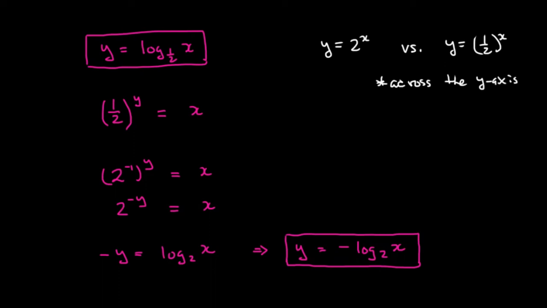So it should make sense that if we switch our bases in logs, we get a reflection as well. But of course, this reflection, in pink here, is going to be across the other axis, since remember, we're switching x and y completely. So these two logs, when they swap bases, are reflections across the x-axis.